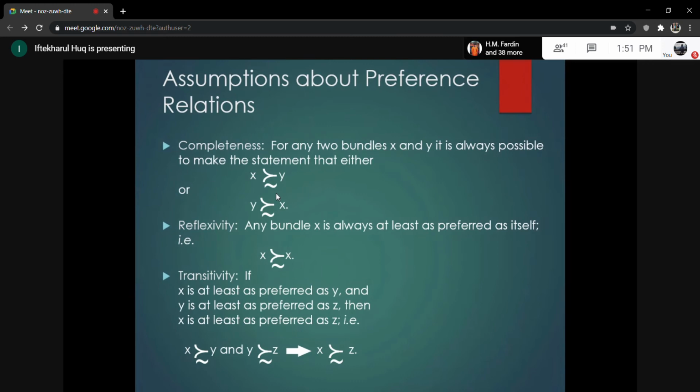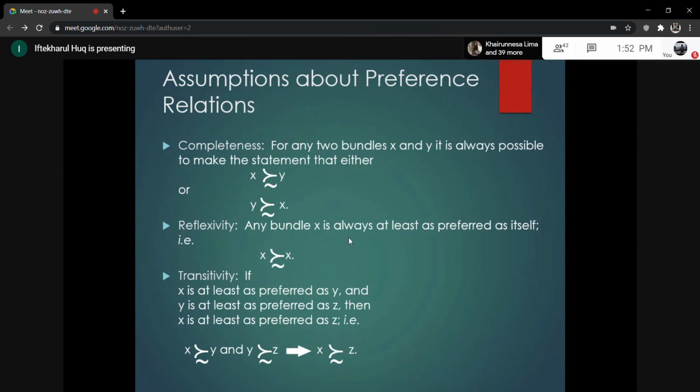That's it. Okay, so let's move to the next one, reflexivity. Reflexivity is basically saying that X is always at least as preferred as itself. So this is basically something like self-reflection. Sometimes we say that I am at least as good as myself, or I am at least, I don't know, as fat as myself.